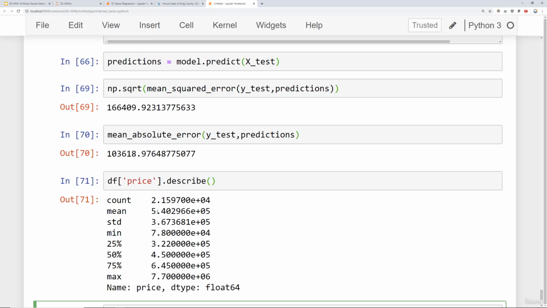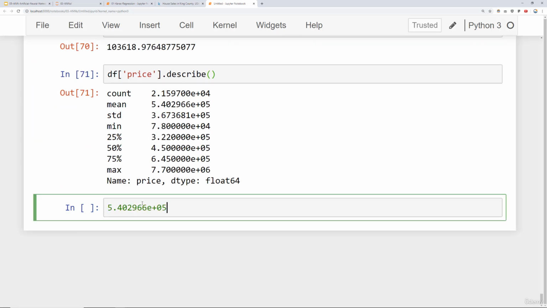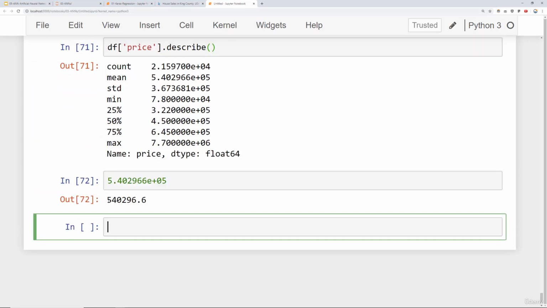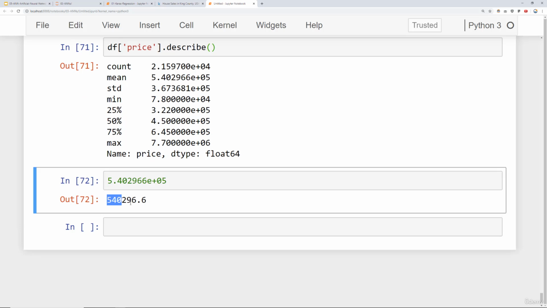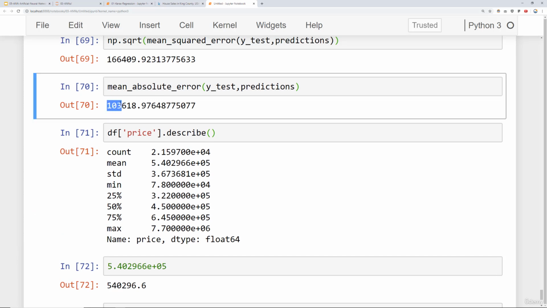Recall that the mean looks like it's 5.4 times 10 to the 5. If we put that in as a number, it reports back that the average price of a house is around $540,000. In our case, our mean absolute error is about $100,000, so that's not really that great. We're off by around 20%. Not great, not horrible either.